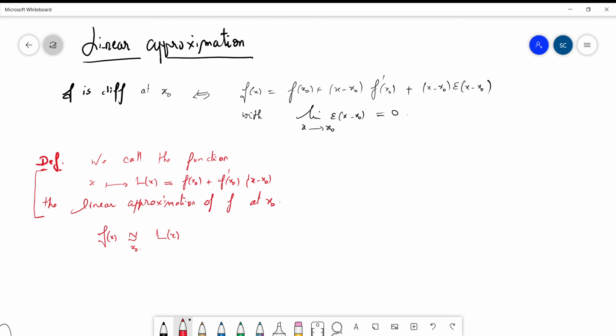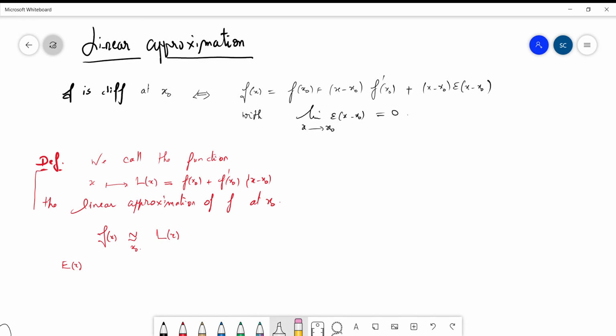We can use this approximation. Of course, this is an approximation, so it's not the exact value. It doesn't substitute the exact value of f.